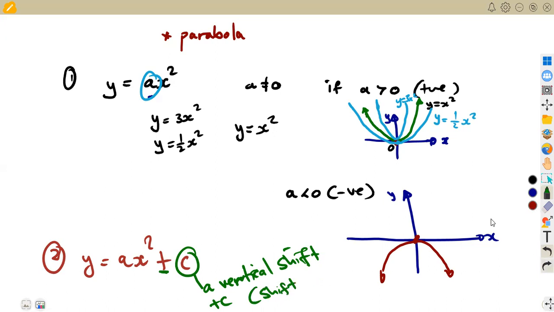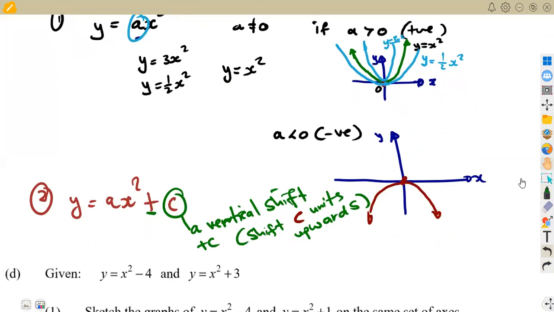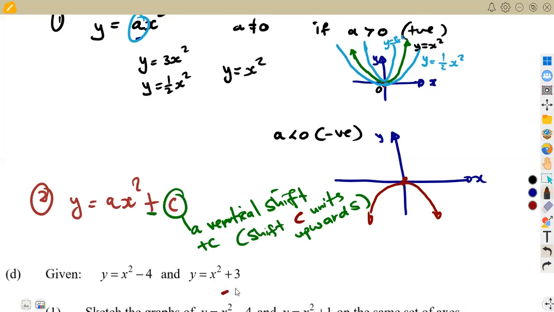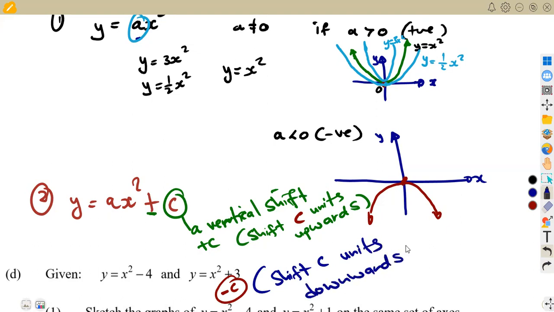It's a vertical shift. If this c is negative, for a negative c, you are going to shift c units downwards. It's a shift, it's either going up or it's going down.